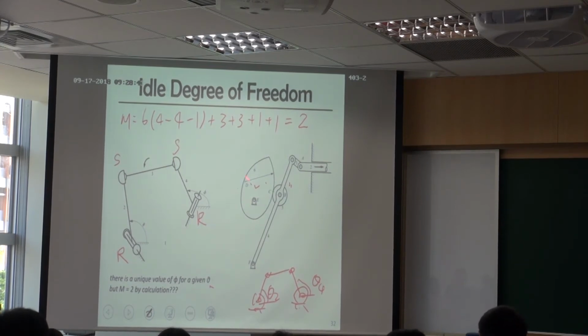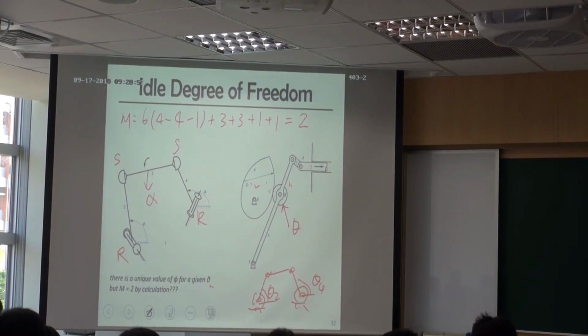So the angle of this small wheel is also an idle degree of freedom, and the angle of this one, I call it alpha. So these 2 angles are idle degrees of freedom.